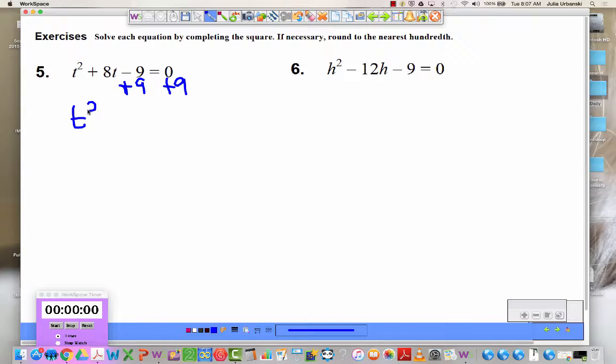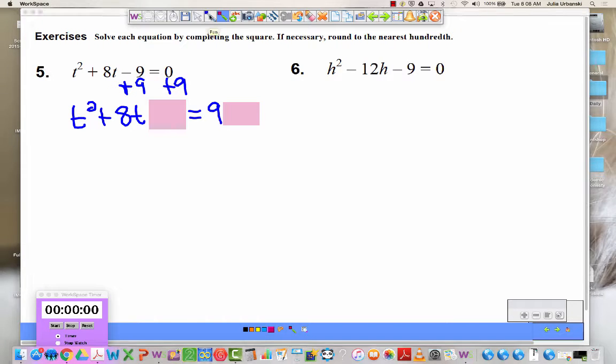Okay, you've already seen the 16. Good. So I rewrite it with some space so I can add the C in right there. I'm going to be adding in a number right here and adding in a number right here. What number is that again? 16. 8 divided by 2 and square it.